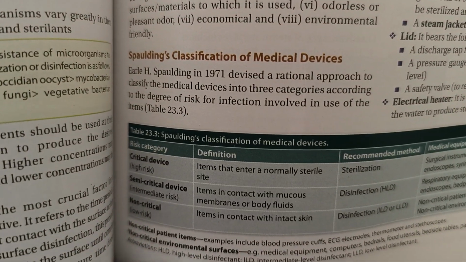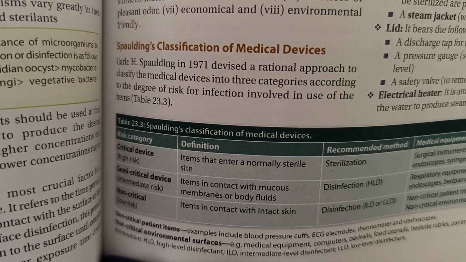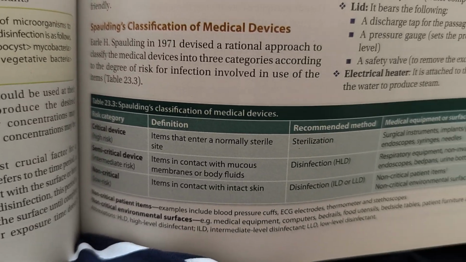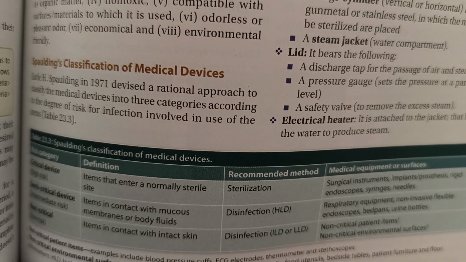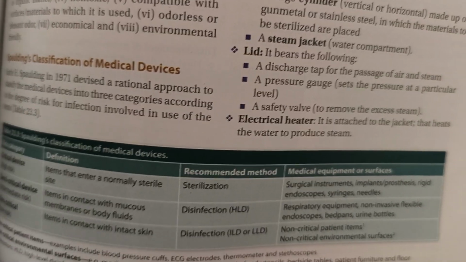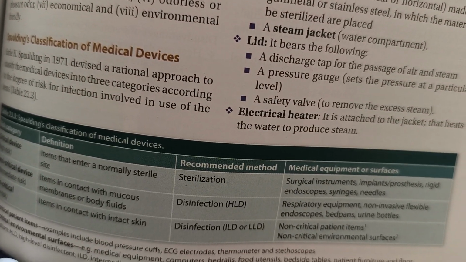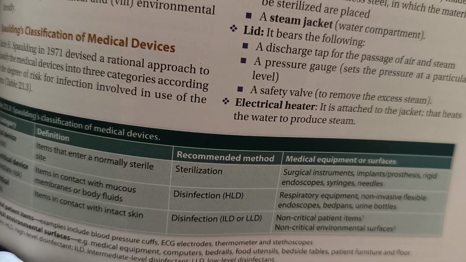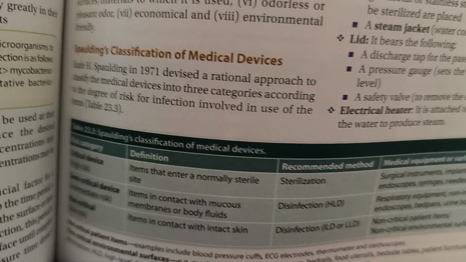Semi-critical device, intermediate risk. Items in contact with mucous membrane or body fluids. High-level disinfectants can be used. Medical equipment are respiratory equipment, non-invasive flexible endoscopes, bedpans, urine bottles.